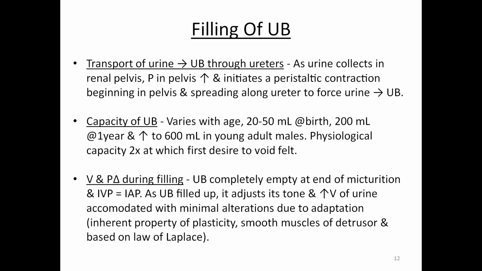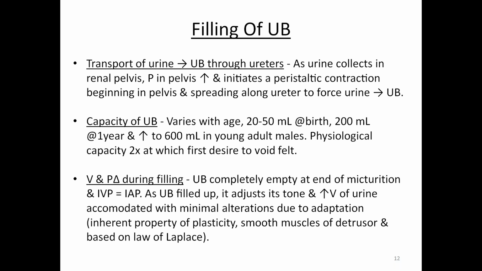Then there is something called the anatomical capacity, which is the capacity of the bladder beyond which rupture occurs. That is about 1 liter or more, and it is usually never approached during physiological conditions.